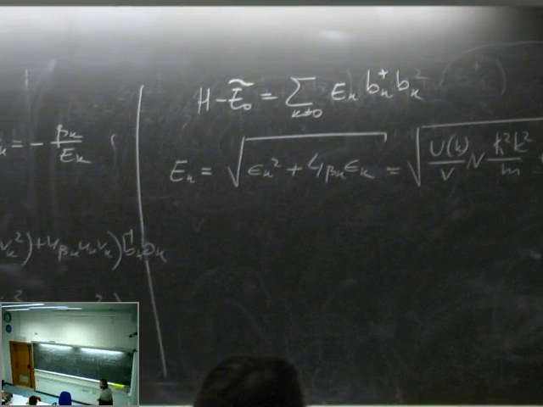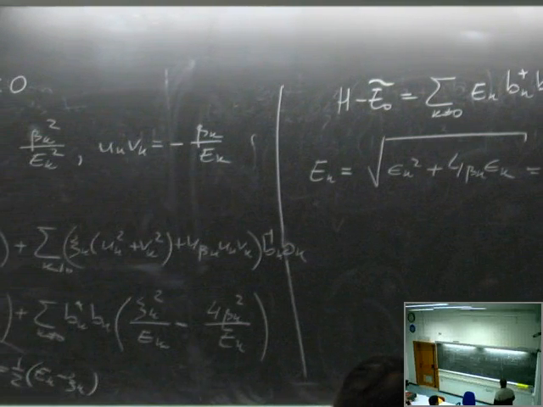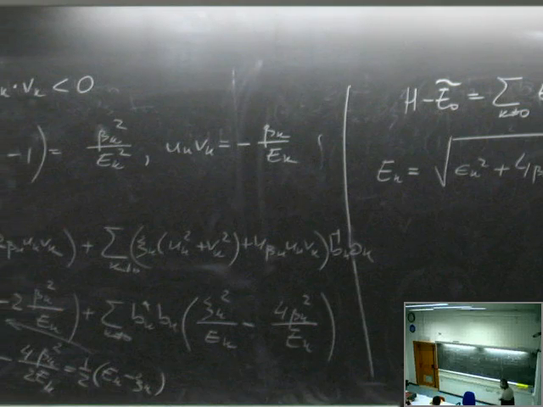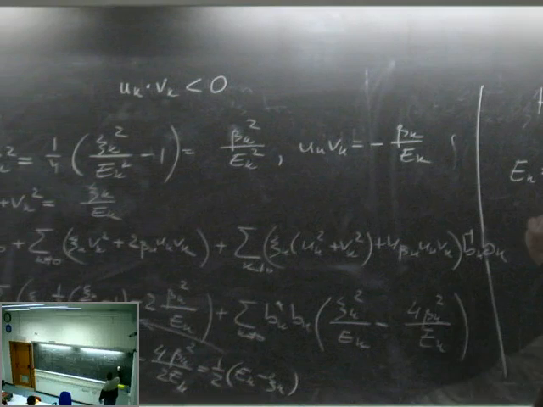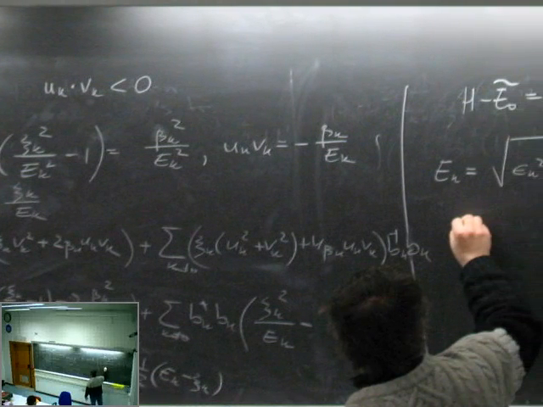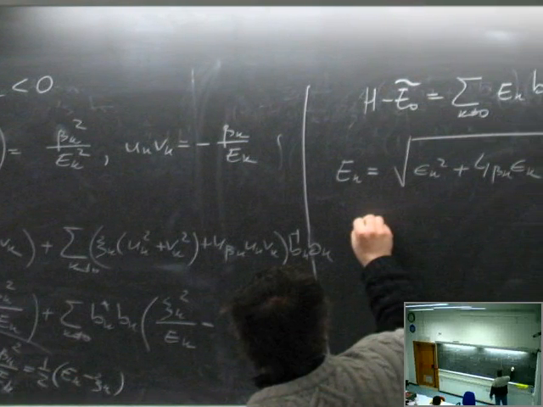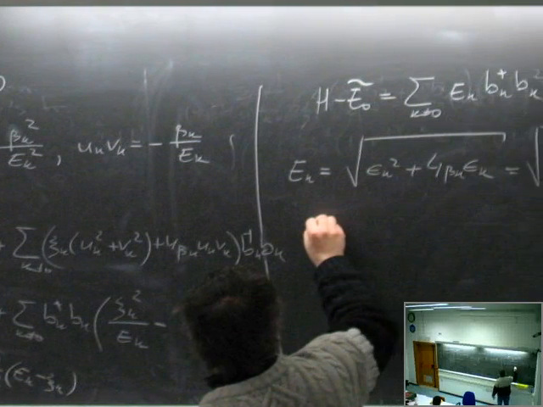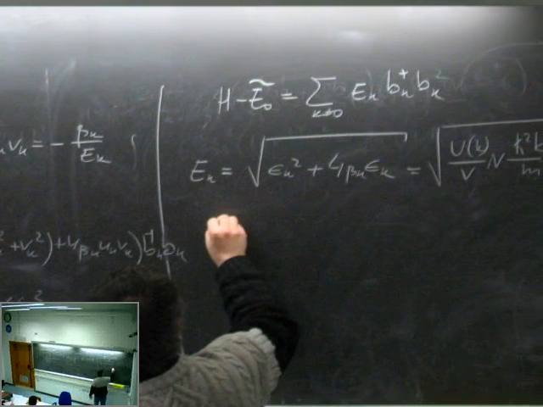What can we see from this spectrum? We can see that for small k, let me for the moment write it as square root over c square h k square plus h square k square over 2m square.